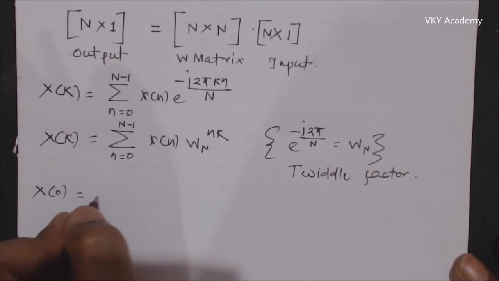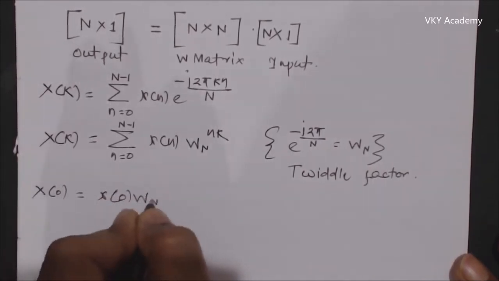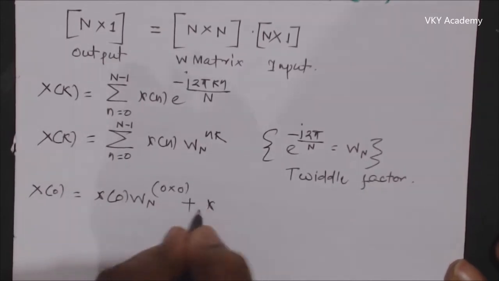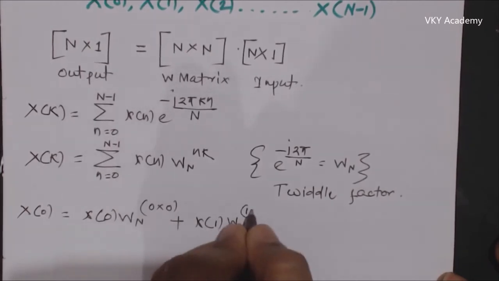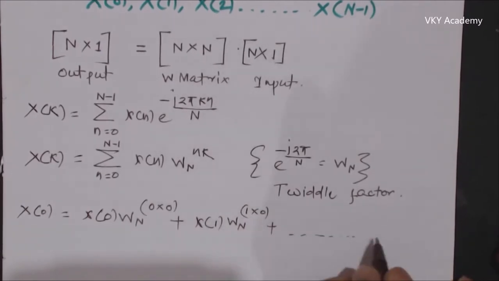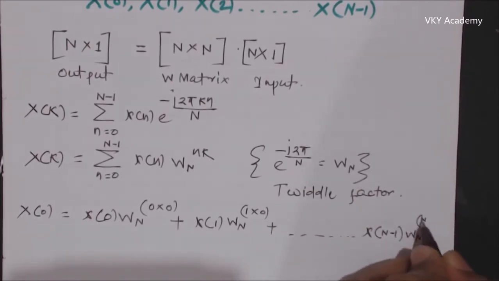This will be x of 0 WN to the power n is 0 here and k is 0 here, plus x of 1 WN to the power n is 1 here but k is 0 here, plus it will go on and finally x of n minus 1 WN to the power n is n minus 1 but k is 0.